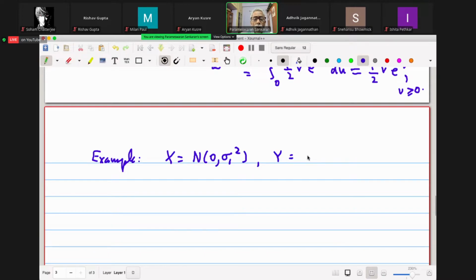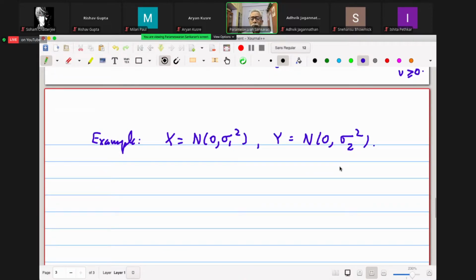Y is equal to normal variate with variance sigma 2 square. You can do a more general thing with mu1 and mu2 here, but let us just stick to this, and they are independent. Find the density function of x plus y.